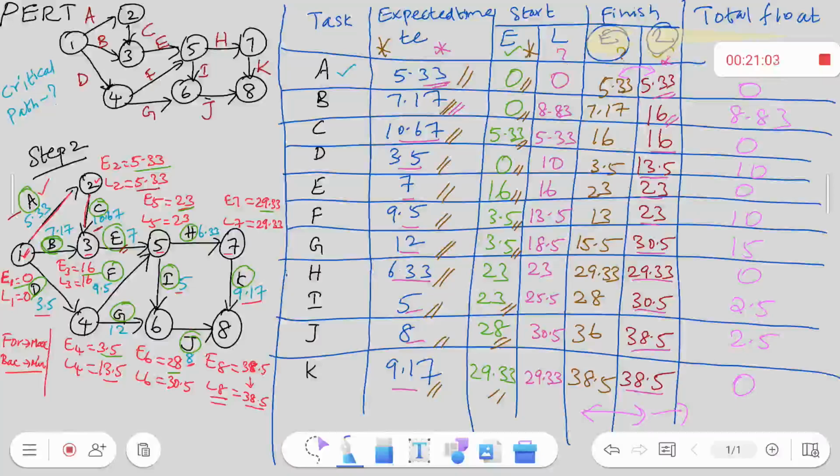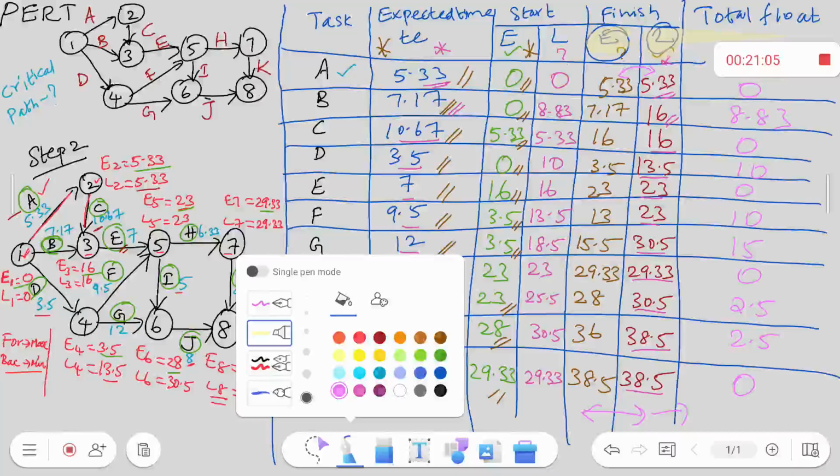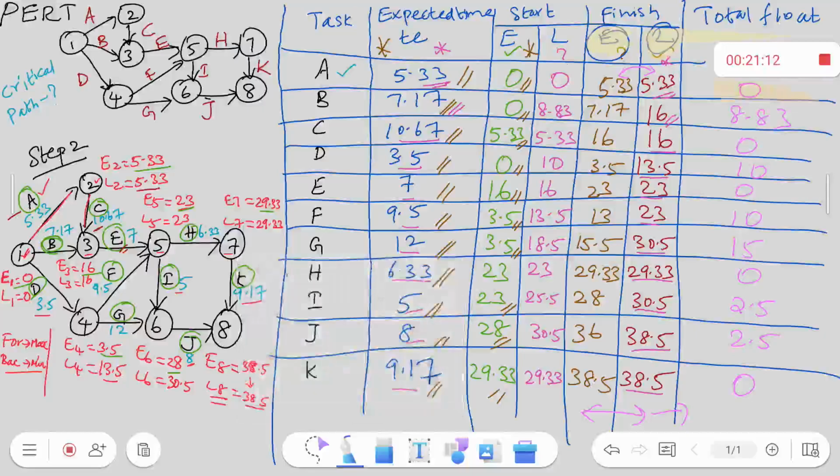Now when you see the paths which contain 0, here I got 0, next 0, next 0, next 0. So totally I have got 5 zeros in the tabular column.